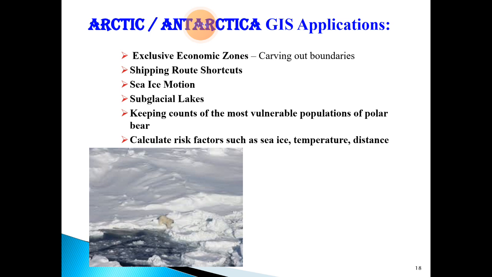It also helps in monitoring the sea ice motion, subglacial lakes, and also gets the information on the health of vulnerable fauna like polar bears, then recording of risk factors like sea ice, temperature, distance, etc. for navigation.